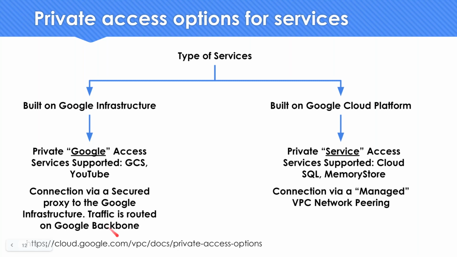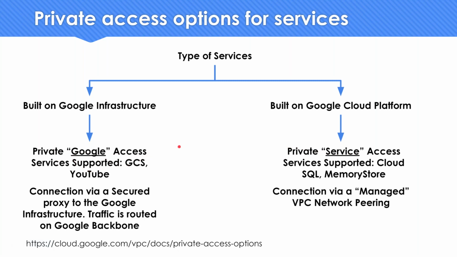Complete details are available in this link, and I'll try to explain in simple terms what is private Google access and what is private service access by doing 2 demonstrations. The first thing we are going to see is private Google access, because to some extent we have already seen private service access. So first we'll start with private Google access.